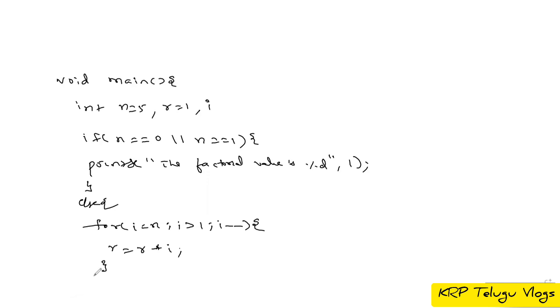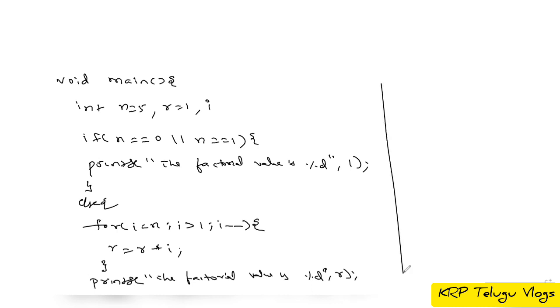I closed the for loop, and finally printf the factorial value is percentage d comma r. So it will print the factorial value. Close the else, close the main. That's it. Note down this.